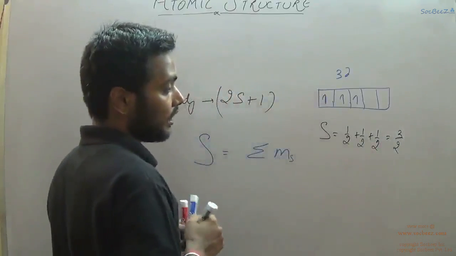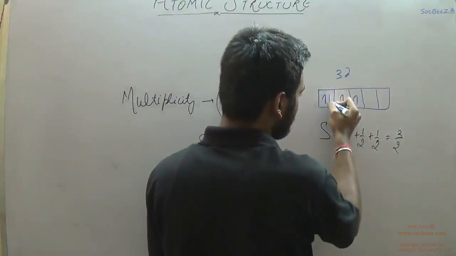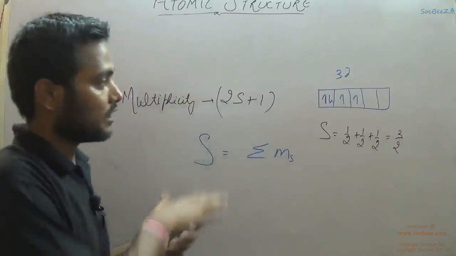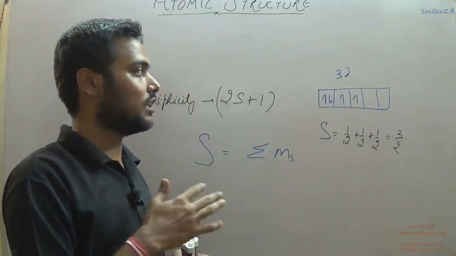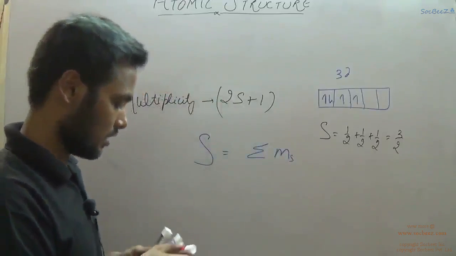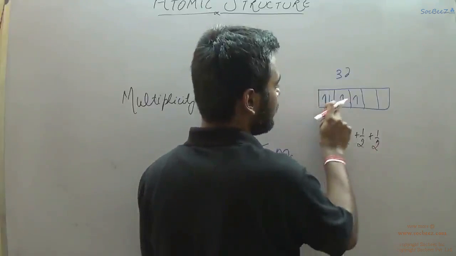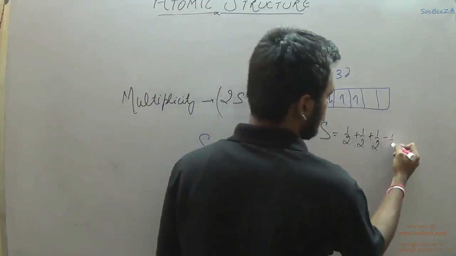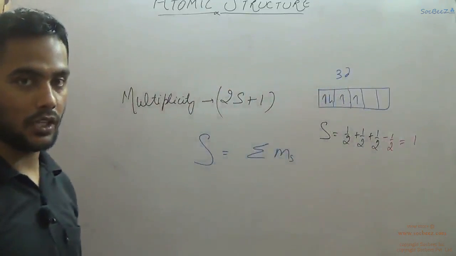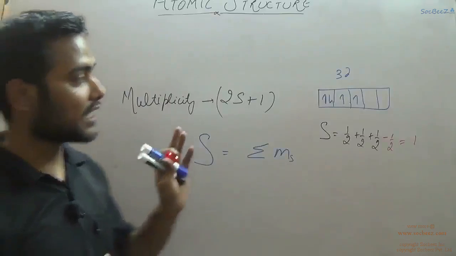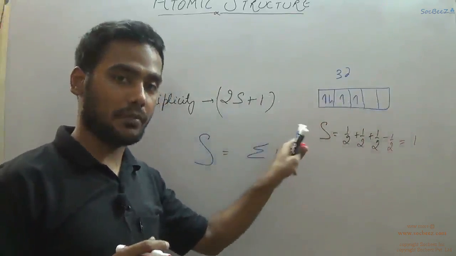Now, if one of the electrons is filled in this manner, with opposite spin, there is one term with minus half. So it will be half plus half plus half minus half, so the value will be 1. The capital S will be 1. Therefore, the maximum number of unpaired electrons will give us the maximum multiplicity.